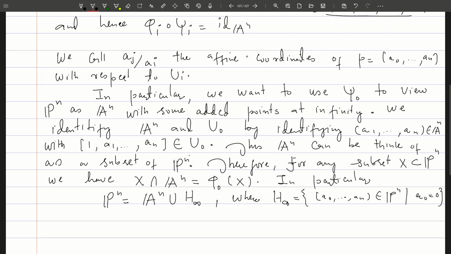So H infinity is called the hyperplane at infinity.